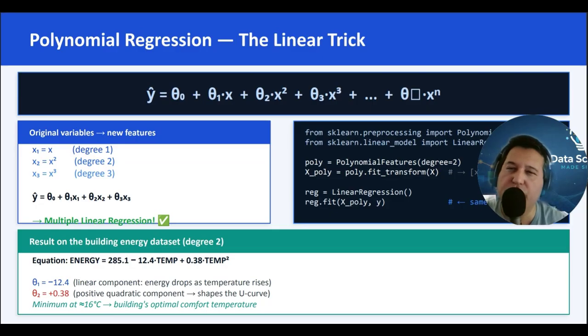In Python, we just need to use PolynomialFeatures from the Scikit-Learn library to transform the data and then apply the usual linear regression. On our consumption dataset, a degree 2 polynomial creates a perfect parabola, identifying the building's optimal comfort temperature at around 16 degrees.